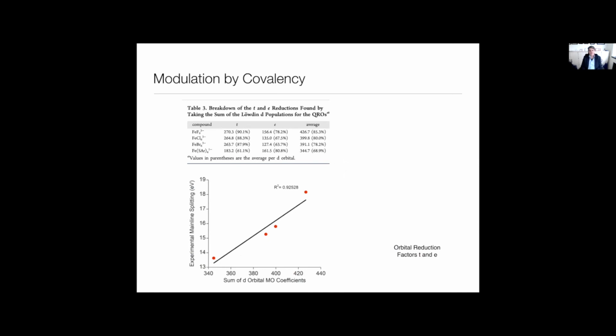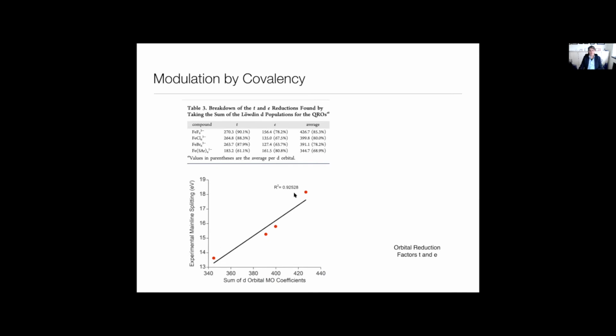Now, of course, if you go to a given oxidation state, and here we have the examples of 3d5 systems, and we have worked through the high-spin hexahalide complexes, then the splitting is just modulated by covalency in exactly the way that I've shown you before on that other slide. And you can actually make a very nice correlation between the covalent dilution of the metal d orbitals and the experimental mainline splitting.